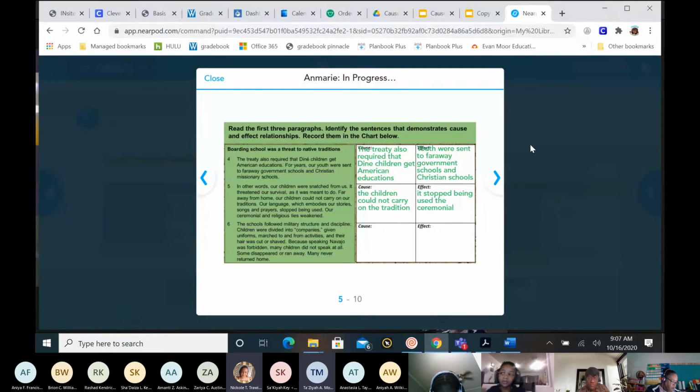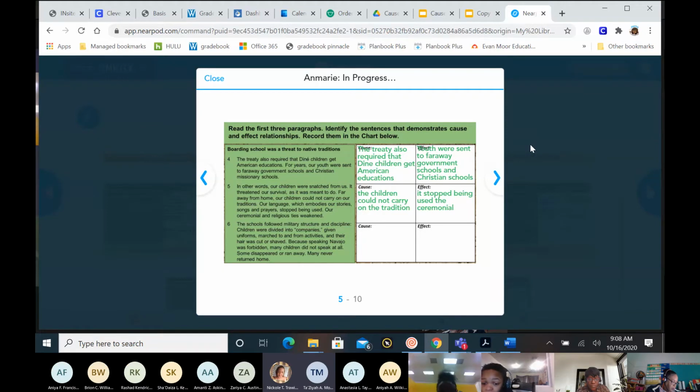The cause is that the children could not carry on the tradition, and the effect is it stopped being used, and the ceremonial and religious ties weakened. Okay, thank you for that. Does anyone else get another answer?